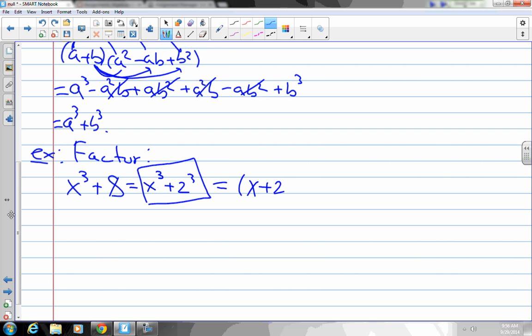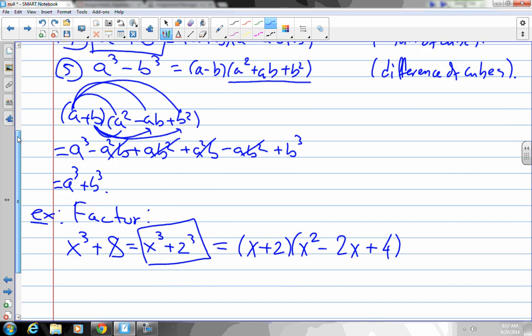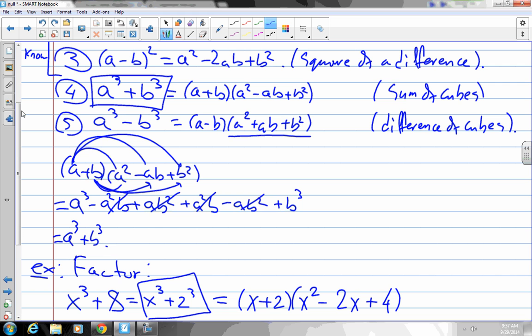It's X plus 2, A plus B, and then X squared plus AB, so that's 2, I'm sorry, minus, right? There's a minus in here. X squared minus 2x plus B squared, which is 4. Just using that formula right there. For every A, you put an X. For every B, you put a 2. How's that?